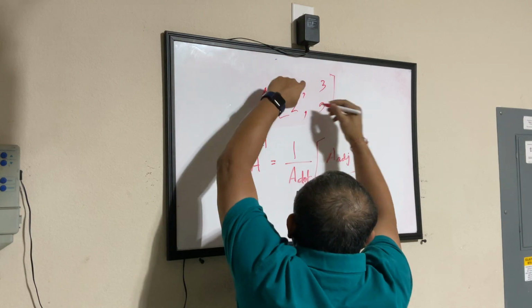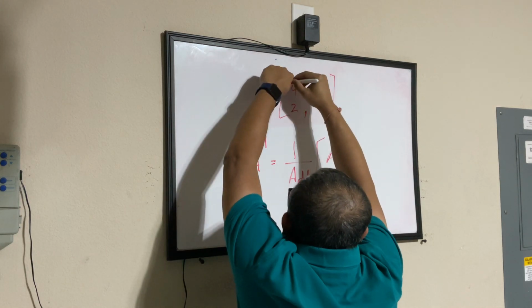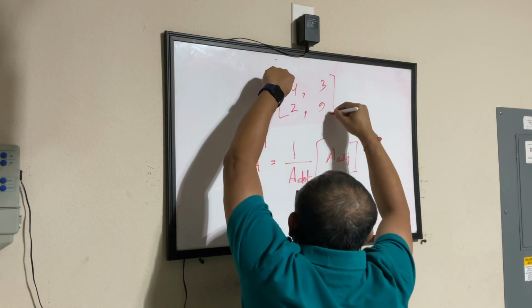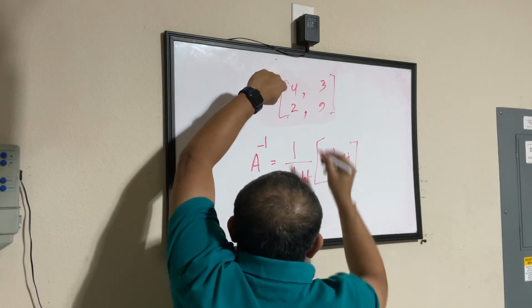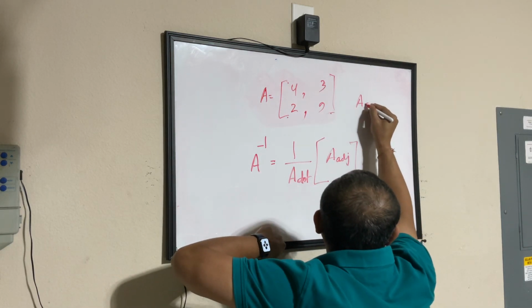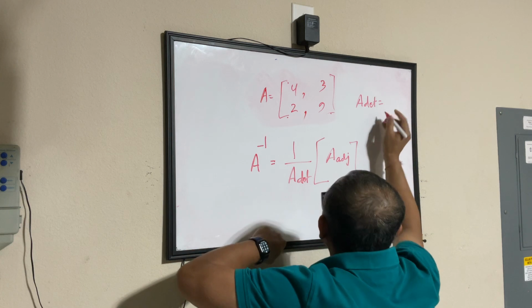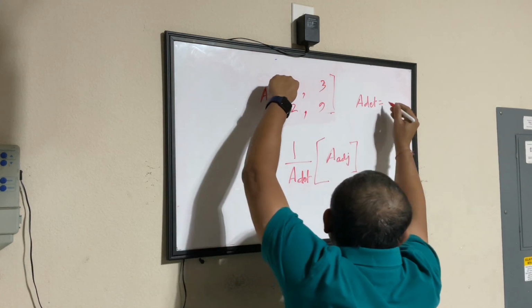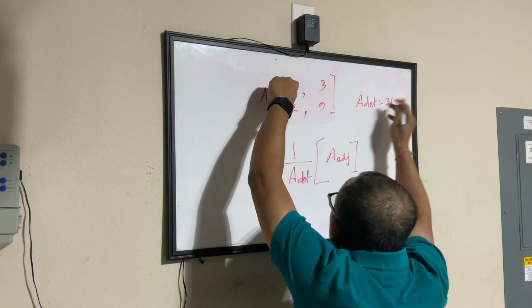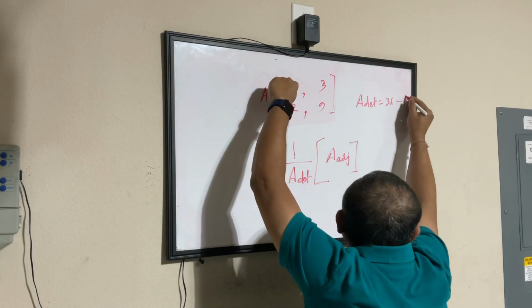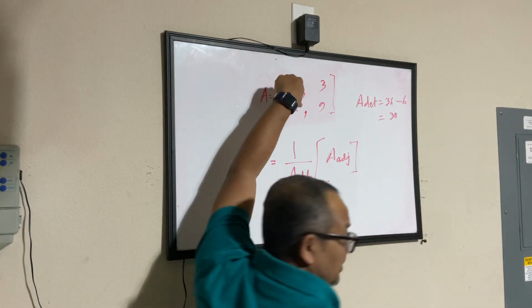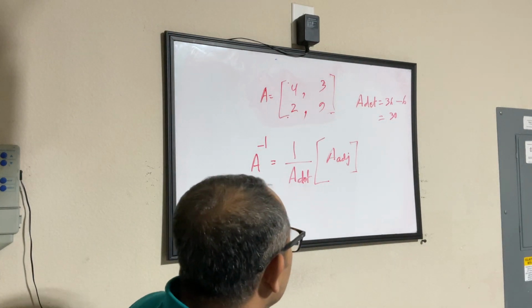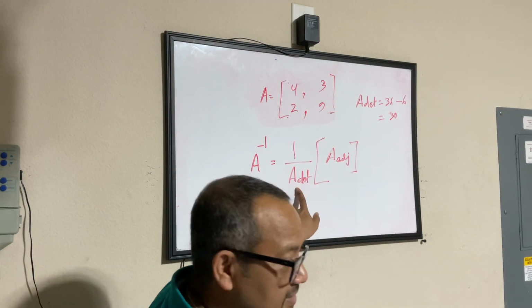Multiply diagonally, meaning you start from here, multiply with this, minus the multiplication of the other diagonal. So my determinant will be 4 times 9, that is 36, minus 2 times 3, that is 6. My determinant is 30. Okay? So I found the determinant part.